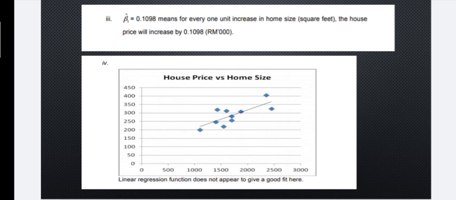You kena lukis betul-betul according to your regression line yang you dah ada. Okay, so yang biru, point biru ni adalah you punya data. Okay, data ni ambil daripada mana? Daripada yang awal-awal tadi kan ada 10 data kan, ada X, ada Y. So you plot macam biasa. Plot yang biru ni macam biasa, scatter plot.